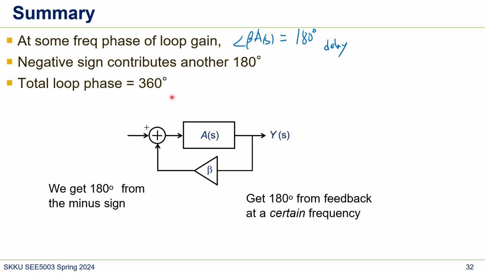So if you add up, the total loop phase is 360. But again, stability depends on the loop gain, which should be larger than 1 at 360 degrees.